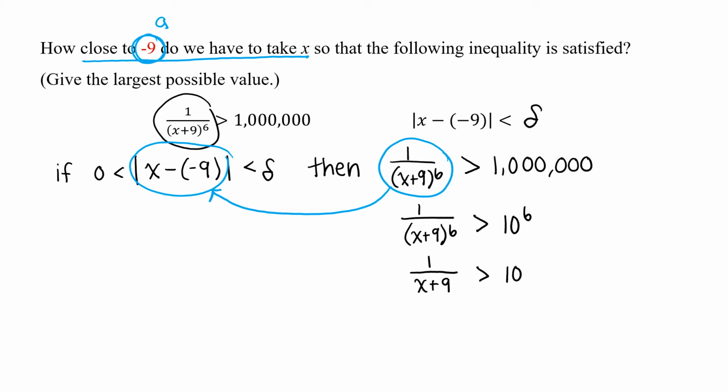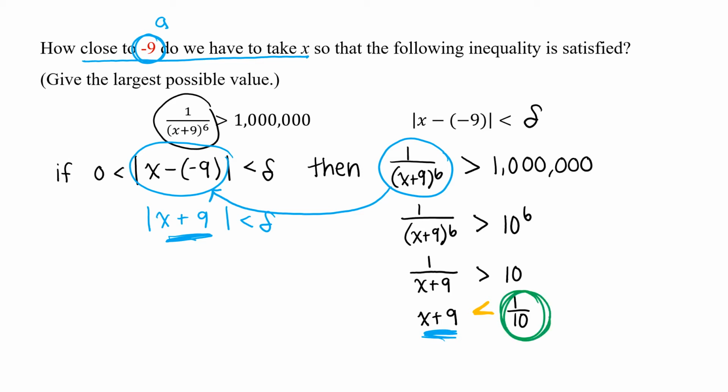But we're trying to find an x plus 9, not a 1 over x plus 9. So we can take the reciprocal. So we have x plus 9 less than 1 over 10. And you just have to remember that when you're taking the reciprocal with an inequality, you have to reverse the inequality symbol. So now we have x plus 9 is less than something.